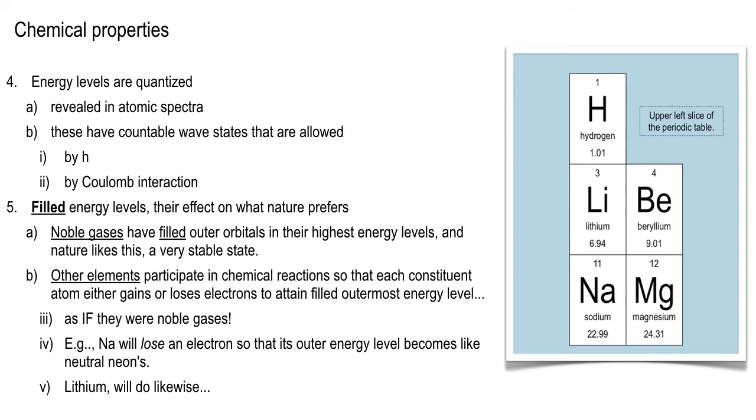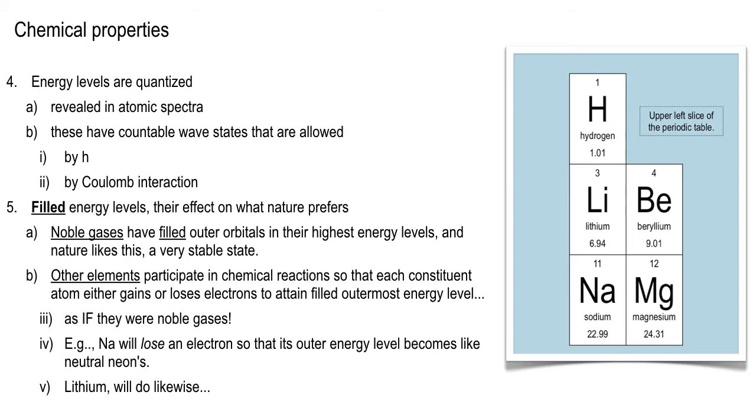They become electrically charged. That's not a problem. It is the way that nature mediates chemical reactions. In other words, if you're not a noble gas, you're going to form a chemical compound. If you're to the left of the noble gases, like calcium or lithium or oxygen, you can make a chemical compound, and you do that by either gaining or losing electrons in the reaction, thereby forming outer energy levels that are full.